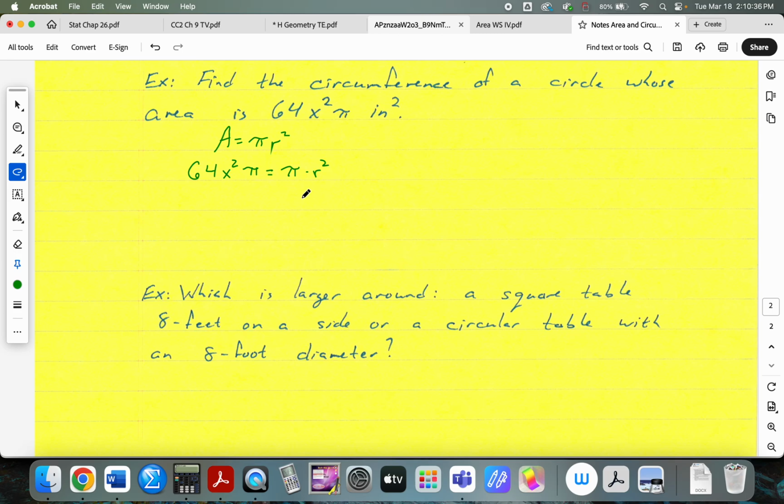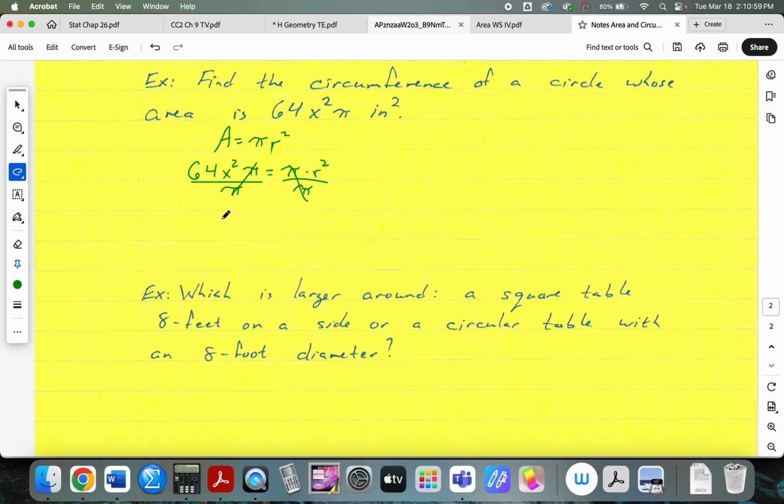To solve for r, anytime you're solving for a variable, you do the opposite of order of operations. If you knew r was 2, you would square it, then you would multiply by pi. So we're going to do the complete opposite, in the opposite order. We're going to divide by pi first.